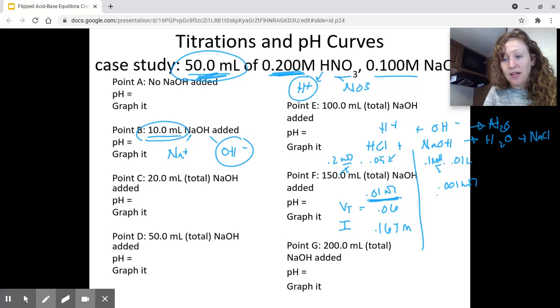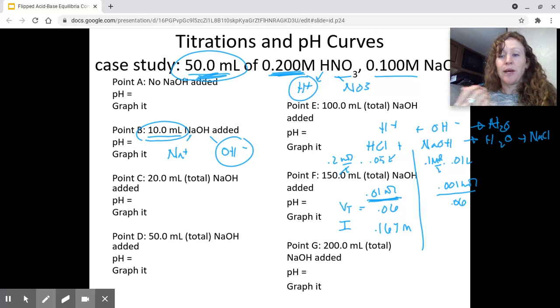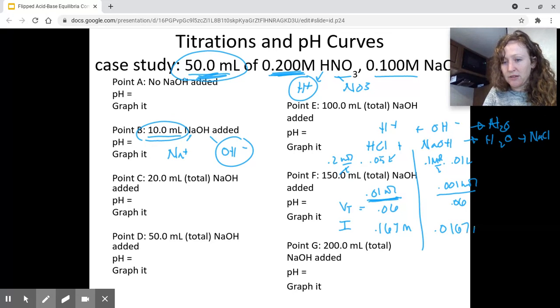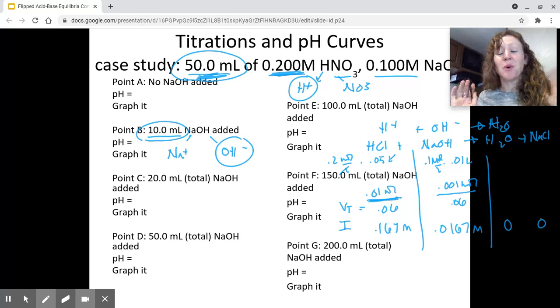I'm going to divide that by the total volume of the solution to get my new molarity of NaOH in the solution. So that's 0.0167 molar NaOH. Okay. Whew! I have my initial quantities.